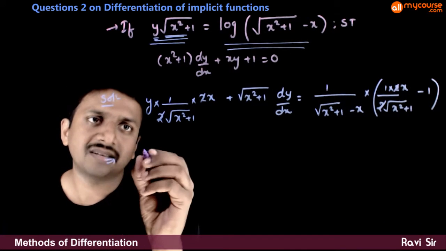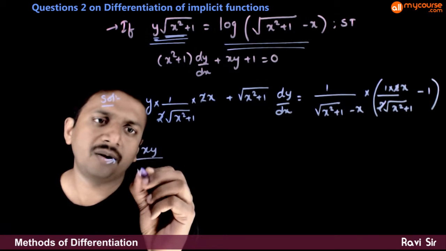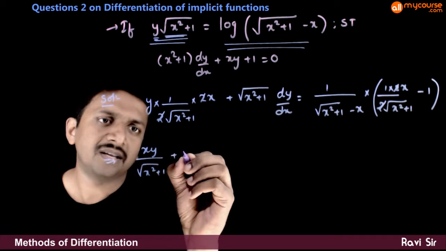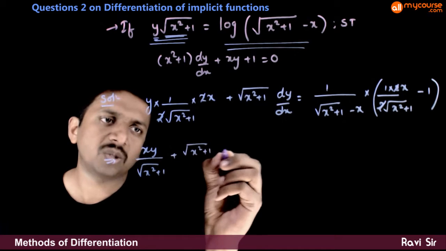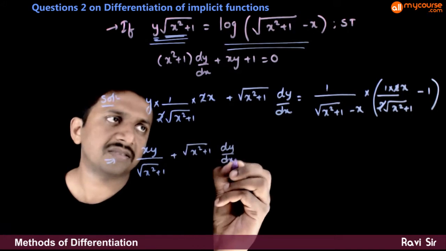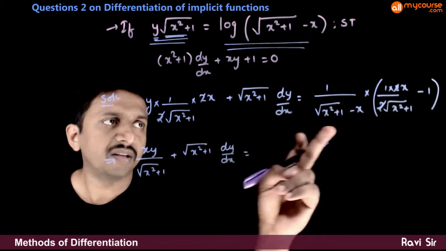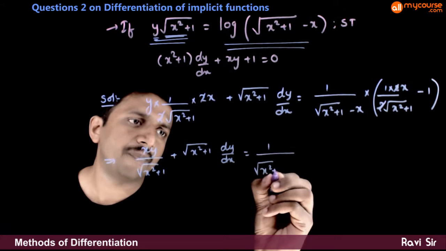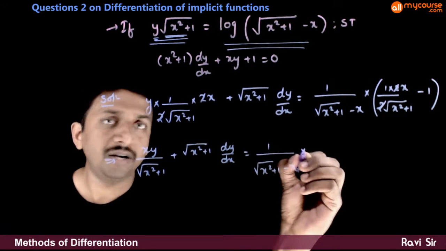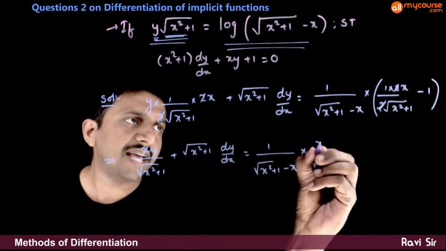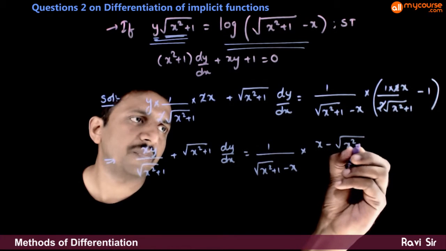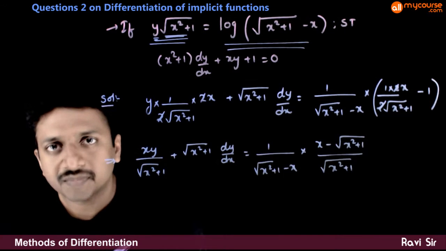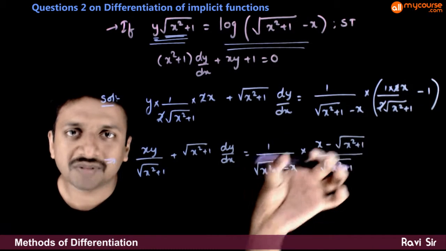So this implies xy by root of x square plus 1 plus root of x square plus 1 times dy by dx is equal to, on this side, 1 by root of x square plus 1 minus x into. If you take the LCM here, you get x minus root of x square plus 1 by root of x square plus 1. So as you can clearly see, these two terms are related.